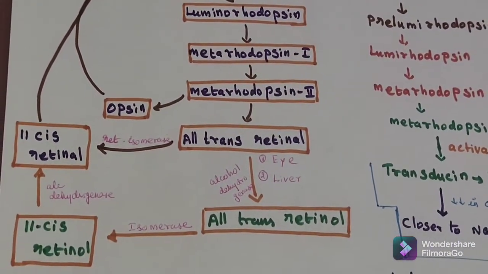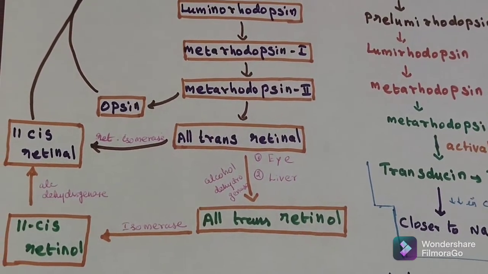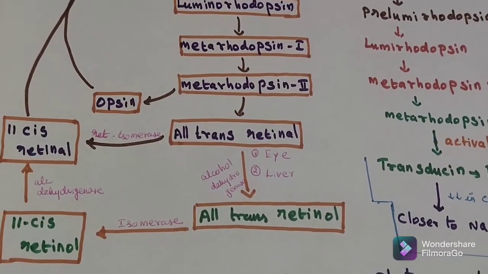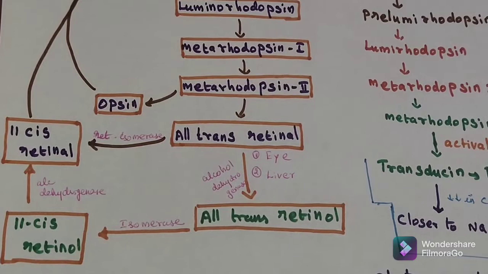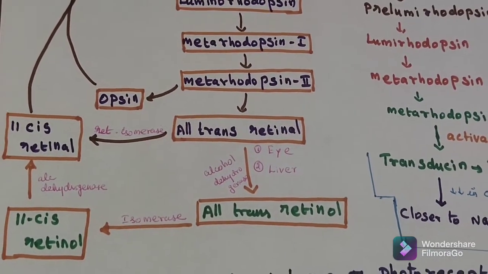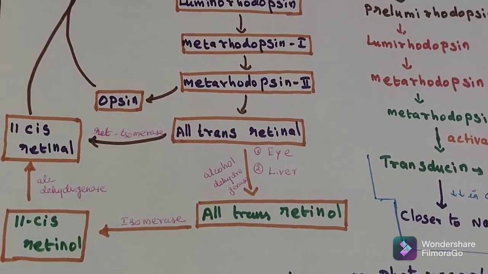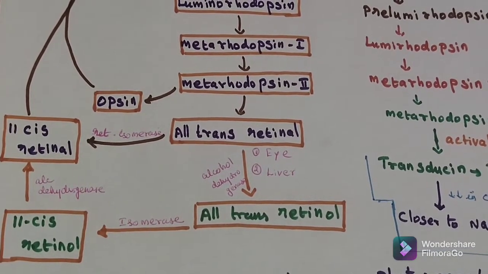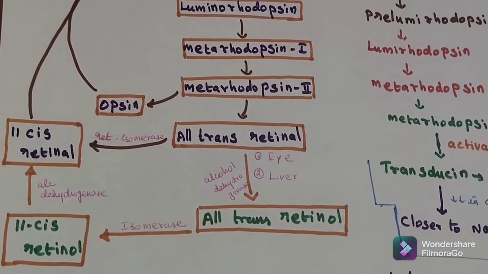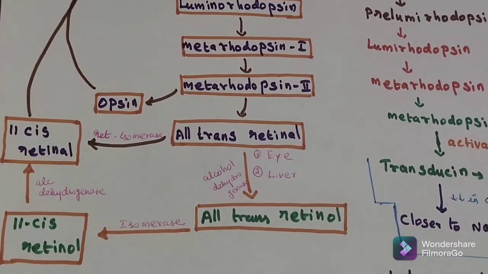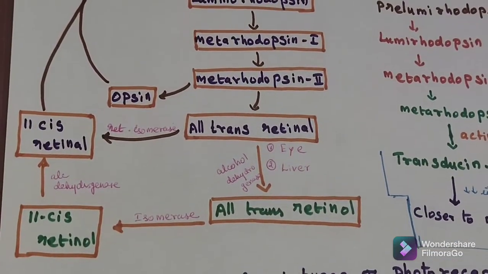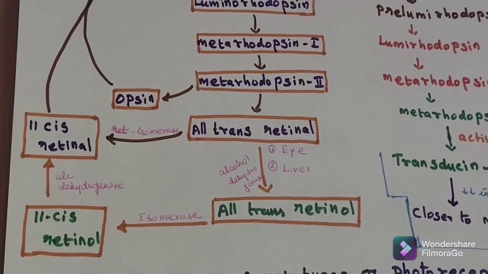The second pathway operates in the liver. Here the enzyme alcohol dehydrogenase acts. First, all-trans retinal is converted into all-trans retinol, and this is converted to 11-cis retinal by the enzyme isomerase.